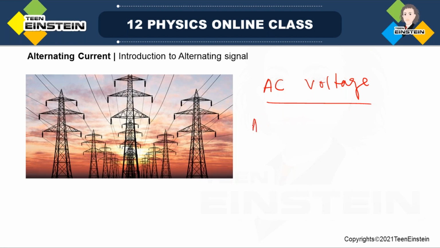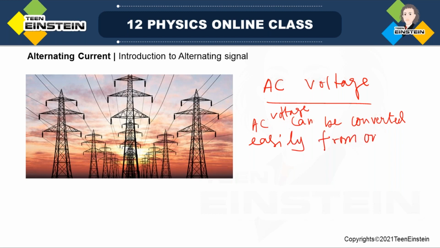AC voltage can be converted easily from one value to the other. This can be done by a transformer.